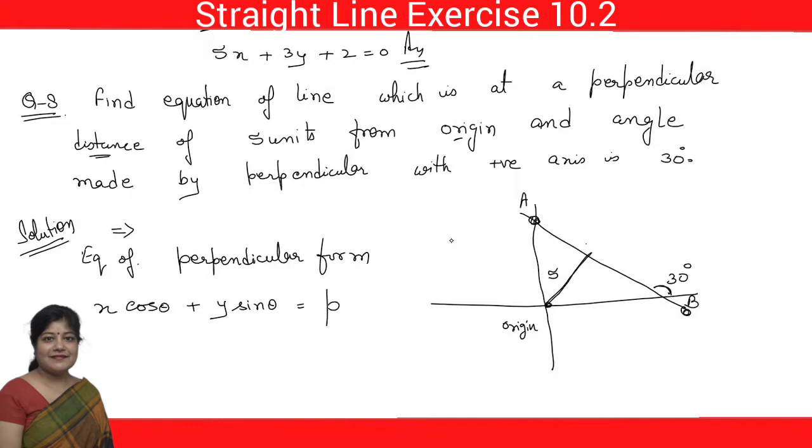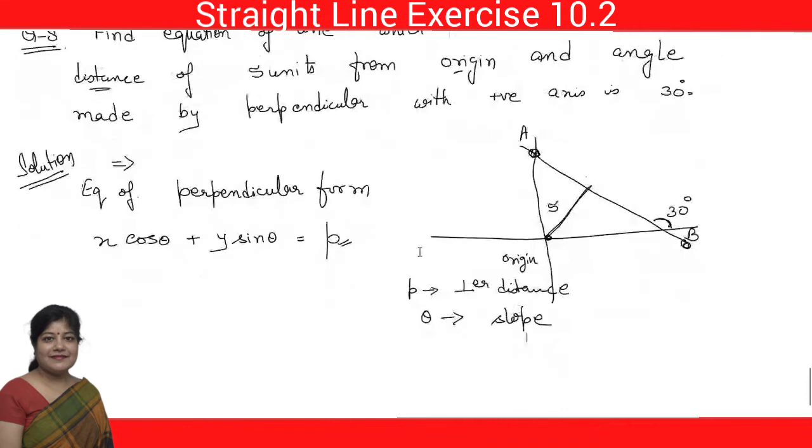Here p is the perpendicular distance from the origin, and theta is the angle made by the perpendicular with the x-axis.